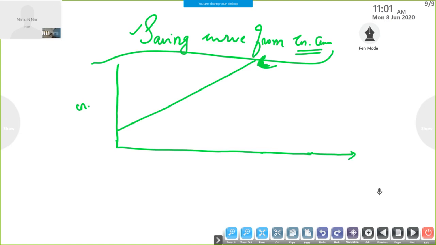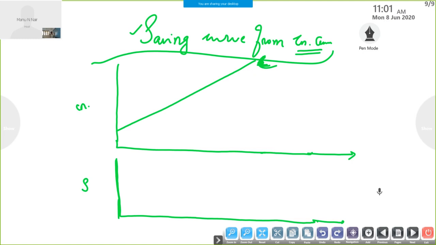Then we need one more panel because we have to derive a saving curve, right? In this panel we will get the saving curve. How can we derive it? We studied that the saving curve has three situations.